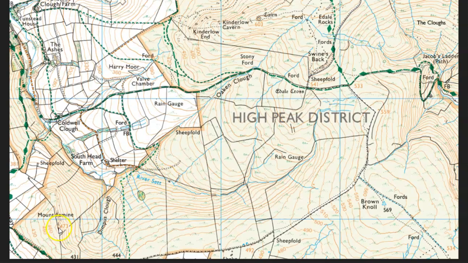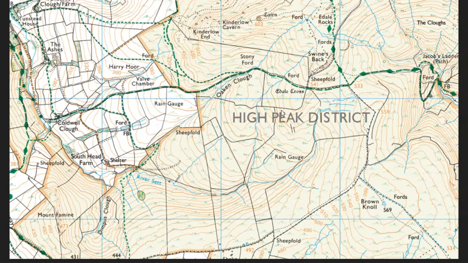So it's possible that we were on this Mount Famine here, looking down across Dimpus Clough, across Southhead Farm, and up to this area here.